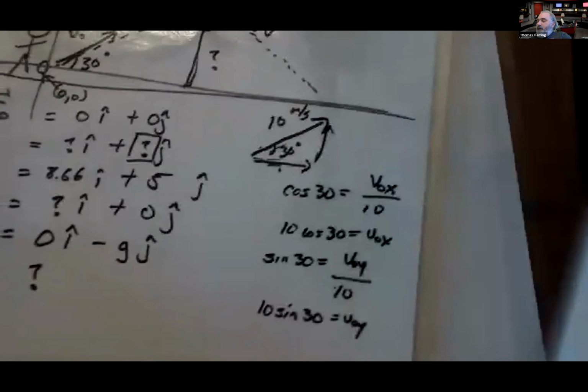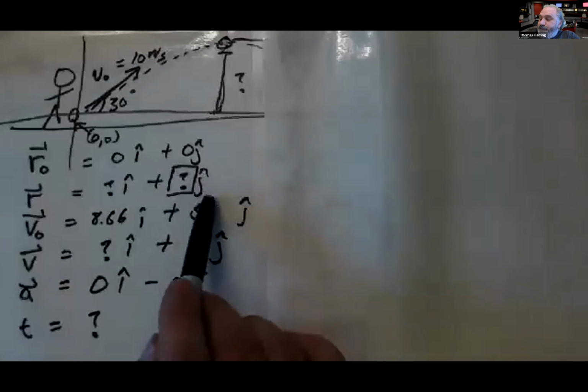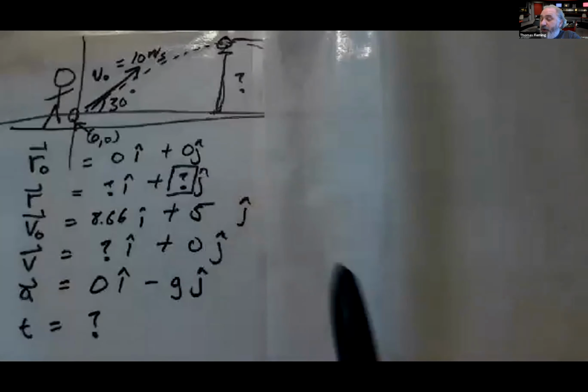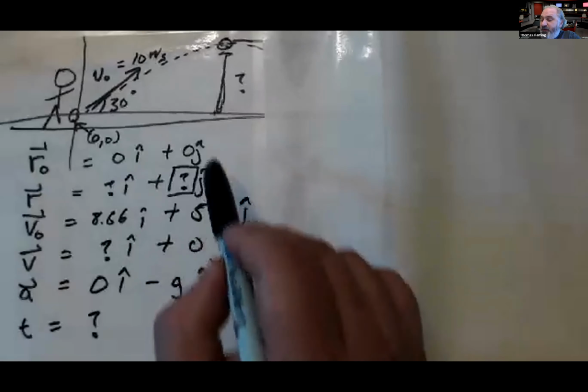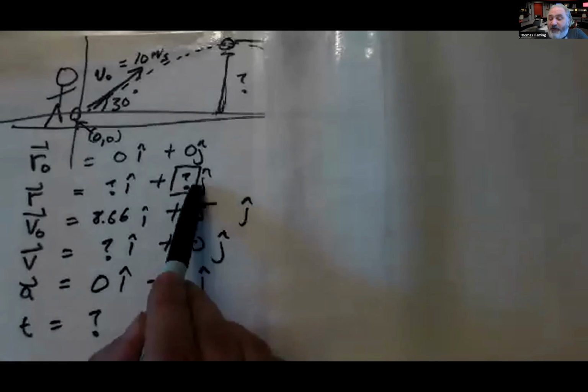What am I looking for? I'm looking for the final position in the y direction. Now, in the y part of this inventory, what do I know? I know the starting position, the starting velocity, the ending velocity, the acceleration, and the time. So if I want to solve this problem in 1 dimension, all I've got to do is find an equation of motion that has final position in it, but doesn't have time.